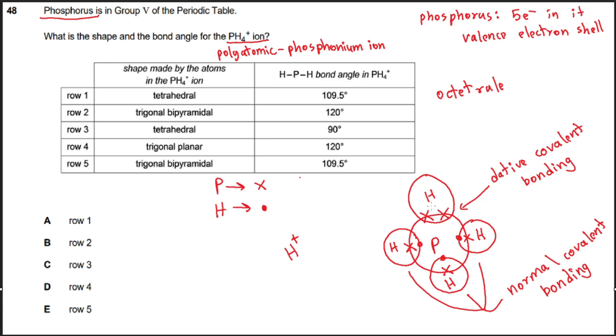But this hydrogen ion, which is basically a proton, forms a bond with the phosphorus atom using the phosphorus lone pair.